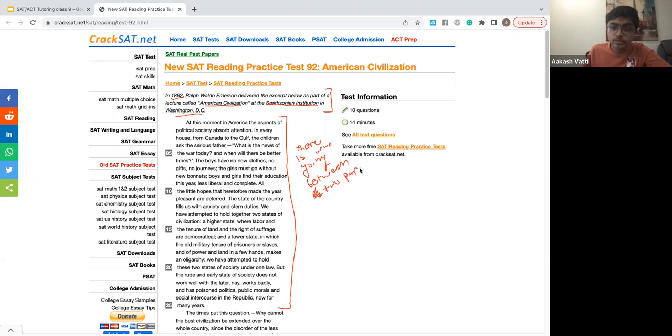And with our background knowledge, we could say it's probably a civil war, because that's the only time where there's two sections of a country. That's what they're talking about. One state slave, south, north. And that's all we need for this paragraph.